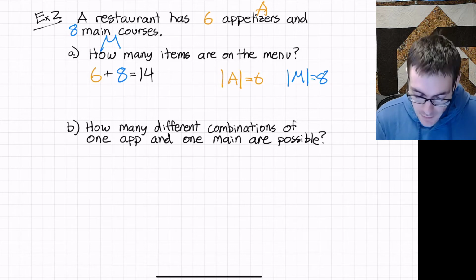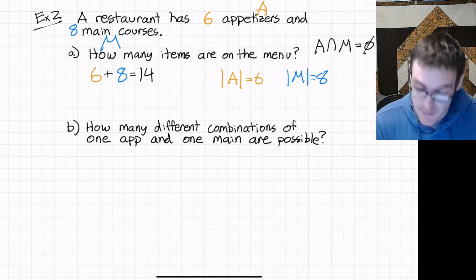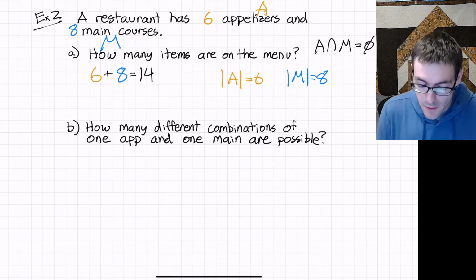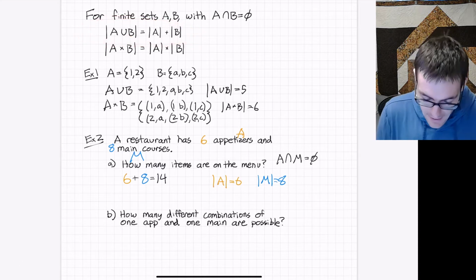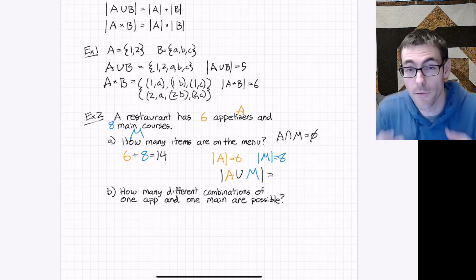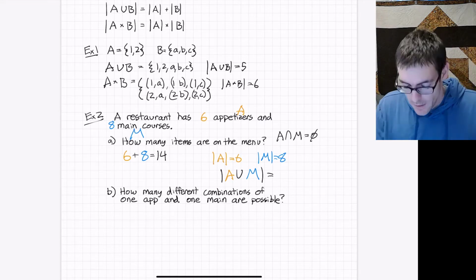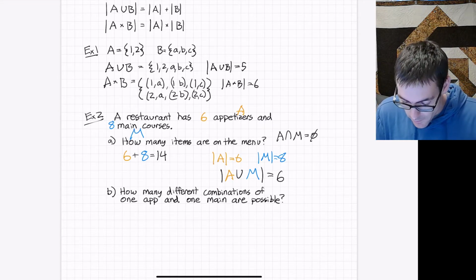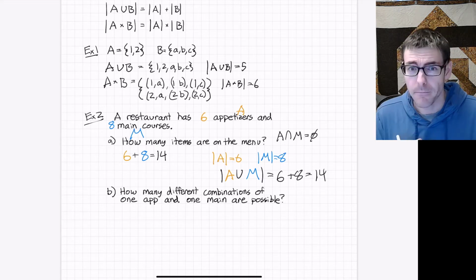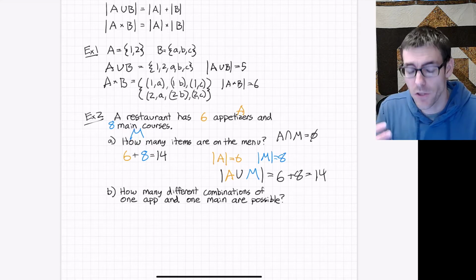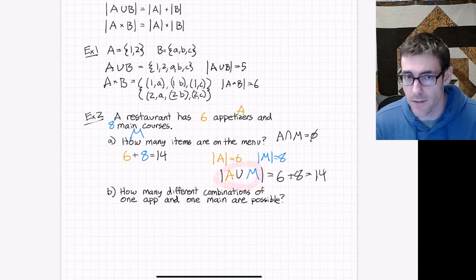Since we have the property that the intersection of A and M is the empty set, then we can apply our first rule, our addition rule, saying that the union of these two sets, which is the collection of all the items in the menu, has size equal to the sum of the size of the two pieces, which is 6 plus 8. I would say that the trickiest part of this question is recognizing that the question is asking for the size of the union of the sets.